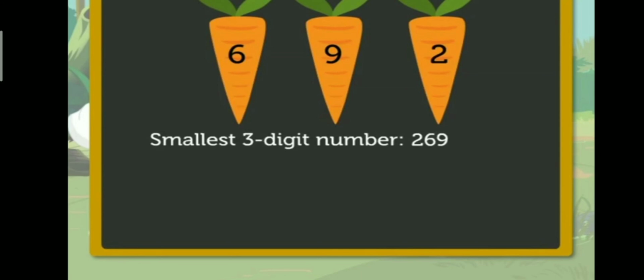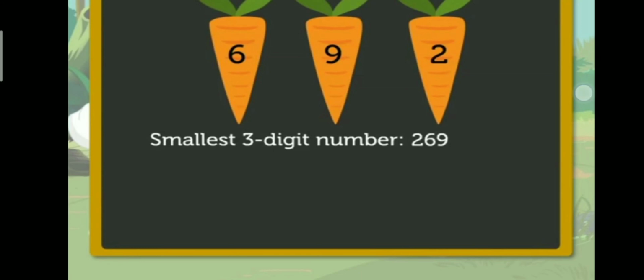Students, here 2 is smaller than 6 and 6 is smaller than 9. So, we have arranged the digits as 2, then 6, then 9. Well done students, we have formed the smallest 3-digit number, that is 269.